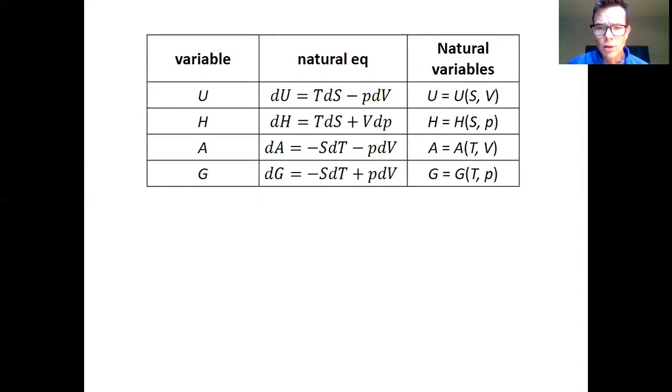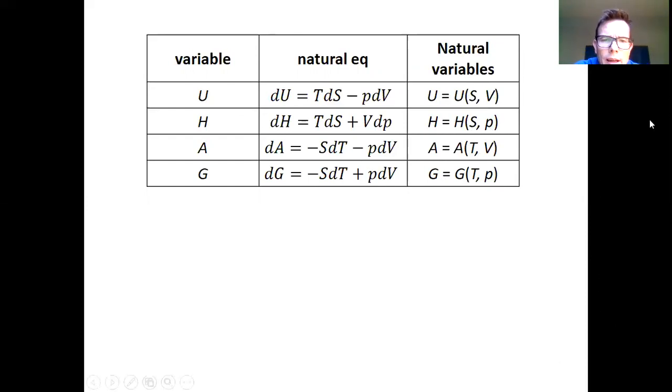But looking at all of these things, you can see they're closely related, right? So U is a function of entropy and volume. Enthalpy is a function of entropy and pressure. Gibbs energy is temperature and pressure. And you might wonder, are there ways to sort of connect some of these things? They all look like permutations, and can I connect them in some way? And in fact, there is.